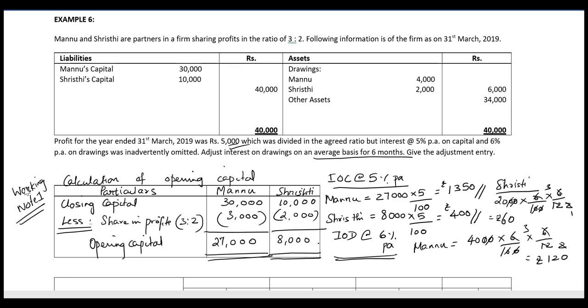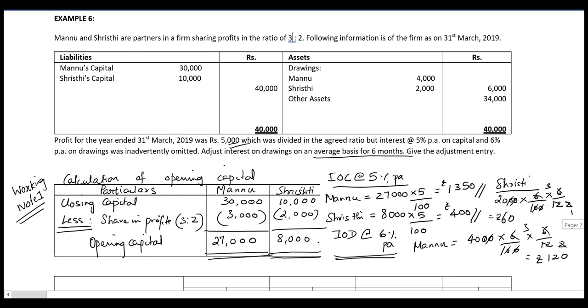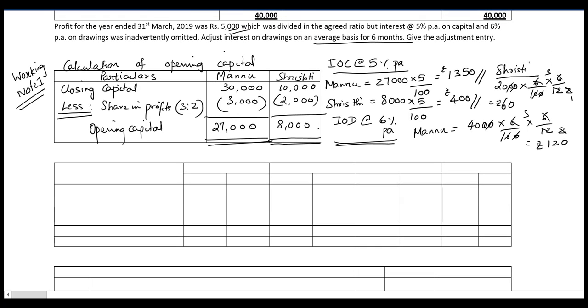So we finished the first working note of calculation of opening capital, and we also continued with calculation on interest on capital for Manu and Shrishti, and also calculation of interest on drawings. Now let's go to the second working note.